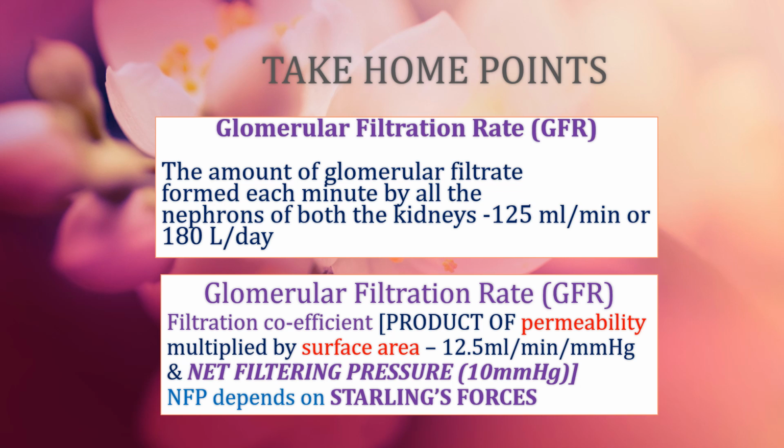This glomerular filtration rate depends on the filtration coefficient and the net filtration pressure. Filtration coefficient is a product of permeability multiplied by surface area of the glomerular capillaries, and it is 12.5 ml per minute per millimeter of mercury, and the net filtration pressure depends on Starling's forces. It is 10 millimeters of mercury, which we'll be covering in another video.